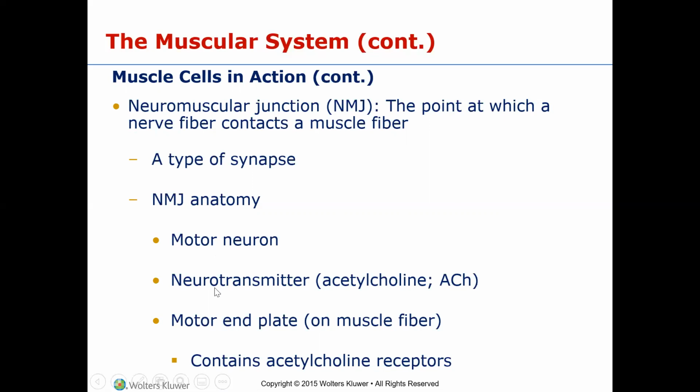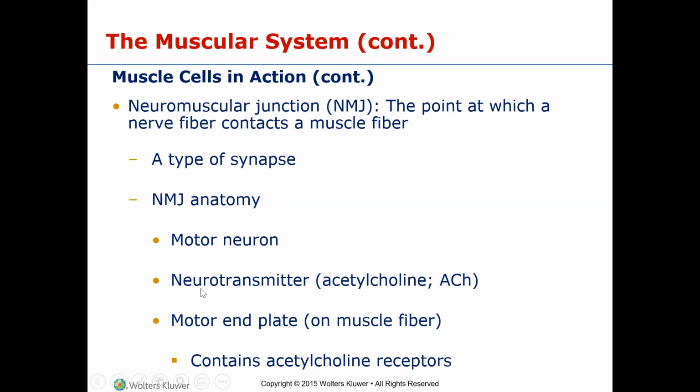Then we have to have a means by which it communicates from the neuron to the muscle fiber or the cell, and that is known as a neurotransmitter, and specifically that neurotransmitter that's being released from the nerve cell is known as acetylcholine, and its abbreviation is capital A, capital C H. Then on the other side, we have the muscle fiber.